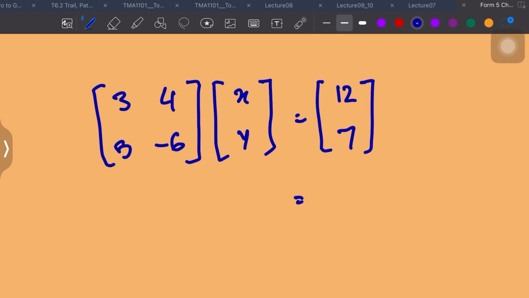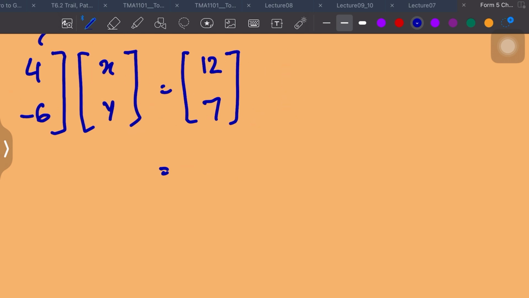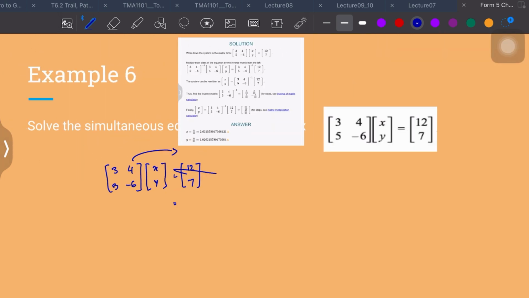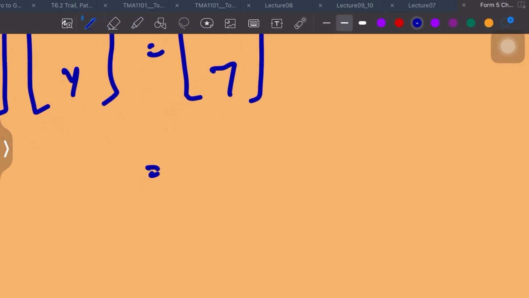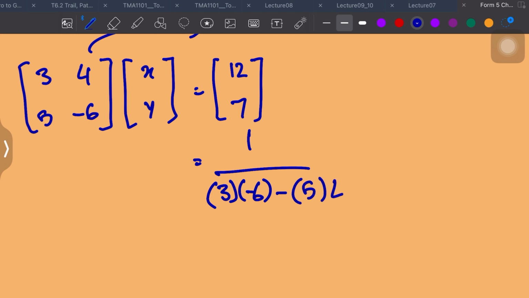So move this matrix to the other side. Oops, sorry. It will be 1 per AD, which is 3 times 6 minus 5 times 4.